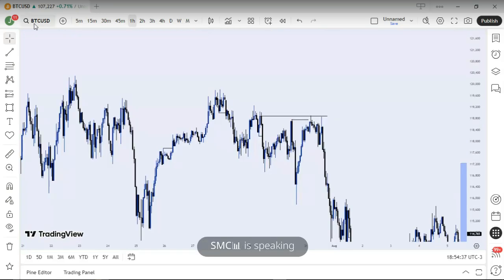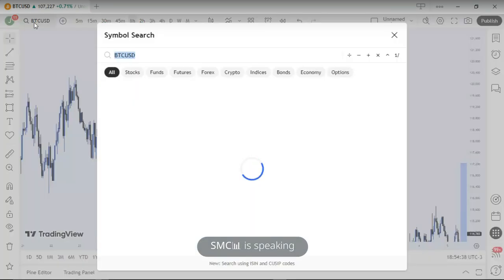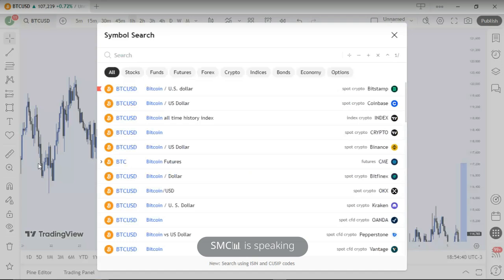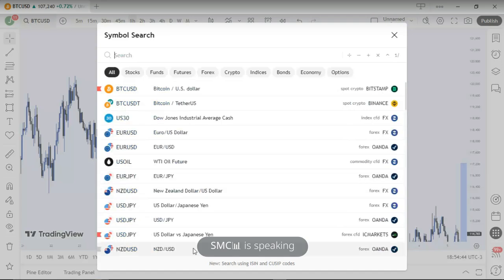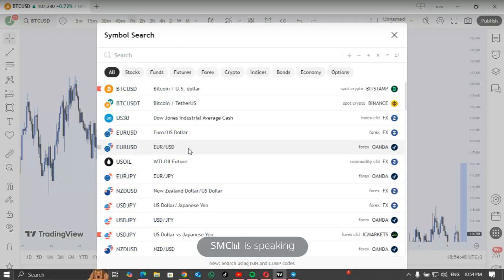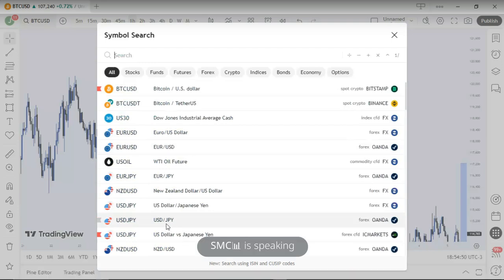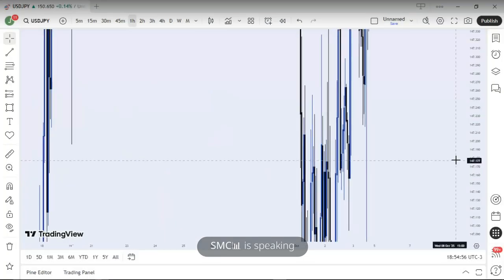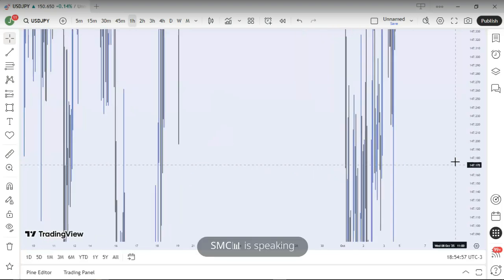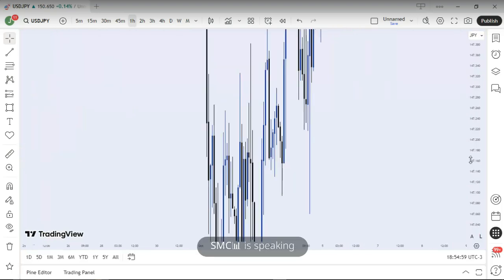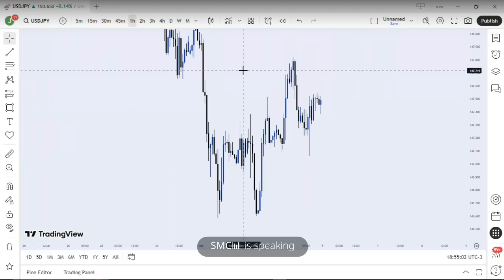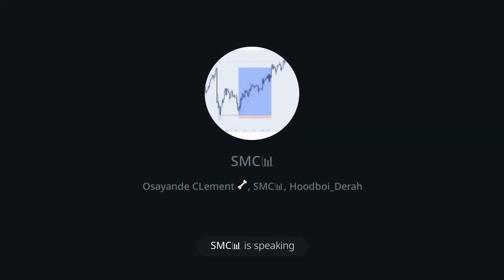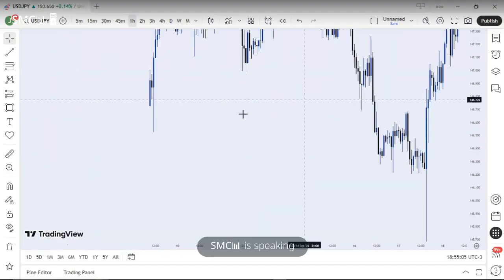Let me check another pair. Tomorrow is Sunday. Let me see if I have something like that on USDJPY. This pair is very tough to trade. Yeah, USDJPY is one of the toughest pairs I've ever come across.